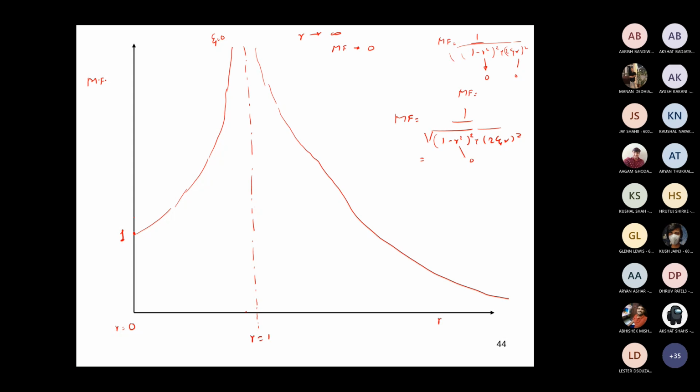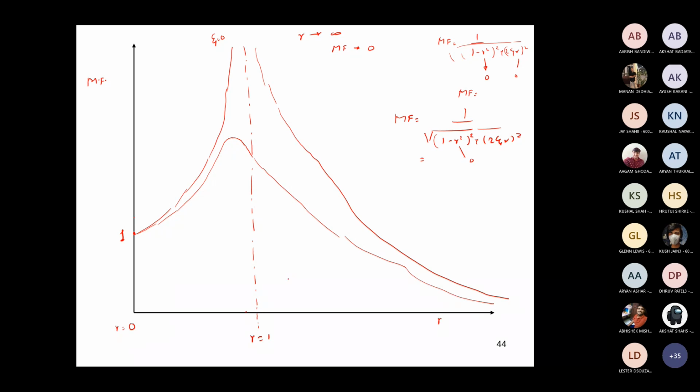And as you start to apply damping to the system, you will start getting these peaks, with the peak representing the maximum value of the magnification factor. As r goes to infinity, all these graphs will die out to 0.